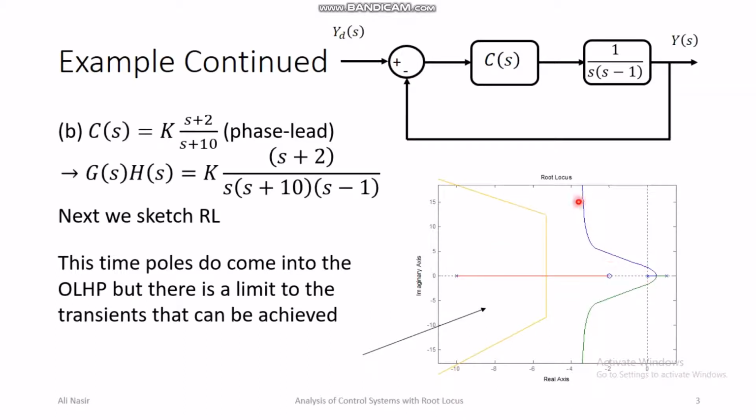One of the poles will always go up and one of the poles will always go down, because the difference between pole and zero does not change by changing the position of the zero and the pole. So the asymptotes will always be going plus and minus 90 degrees. So here the poles cannot come in this region. So what do we do? We shall try another controller and see if there is one which can bring the poles down into the desired region.